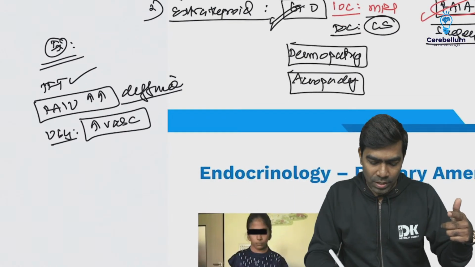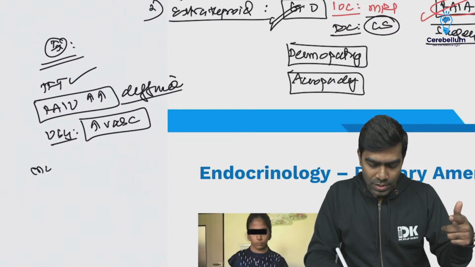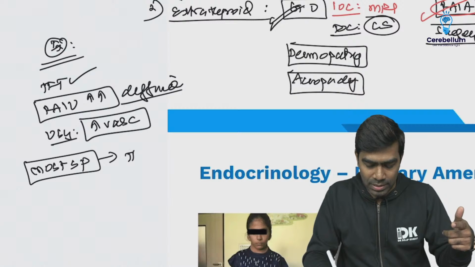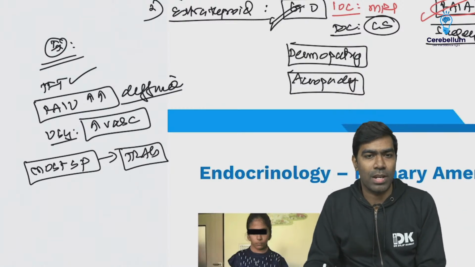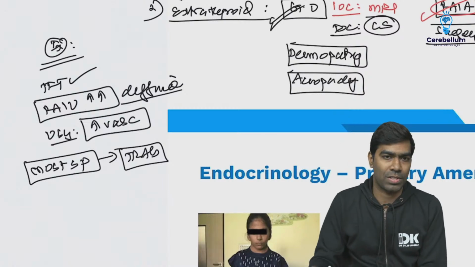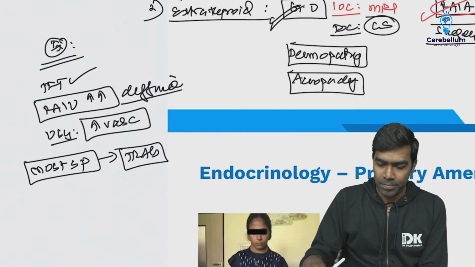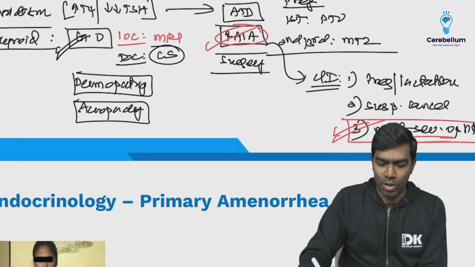And finally, if they ask you the most specific investigation, the answer will be TRAB, that is thyroid receptor antibodies, or TSH receptor antibodies. These are the most specific investigations. Treatment I told you already. So any one of these you're going to try.